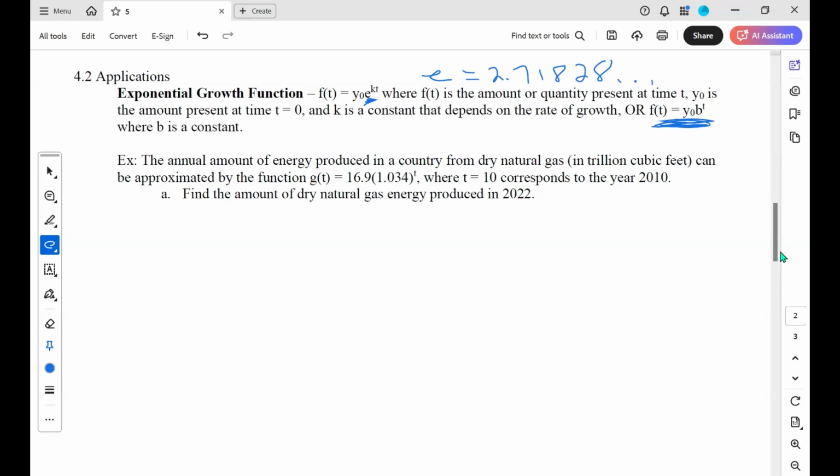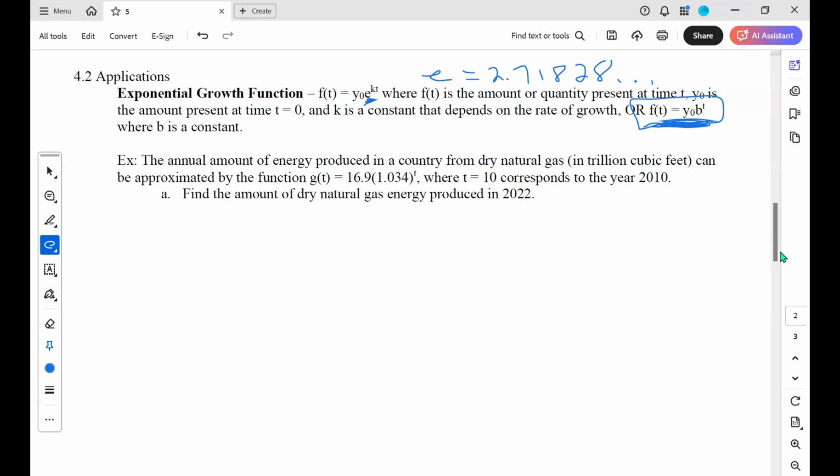All right. They will ask you to find the exponential growth function. When they're asking you to find the exponential growth function, then you're going to use this f of t equals y sub 0 b to the t. So we will use that one for these examples in 4.2. All right, the annual amount of energy produced in a country from dry natural gas in trillion cubic feet can be approximated by the following function, where t equals 10 corresponds to the year 2010.